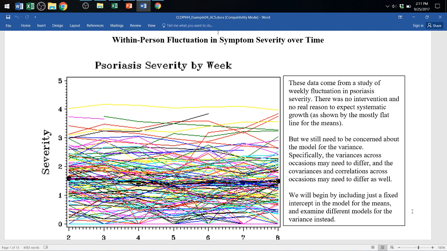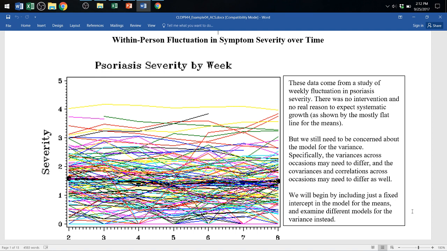This is the result. This type of plot, you could call it a plot of individual trajectories. It's also known as a spaghetti plot because it looks like if you had a handful of wet spaghetti and you threw it at a wall. So the mean line here, this black line, conveys the means over time. This is a 7-week study.